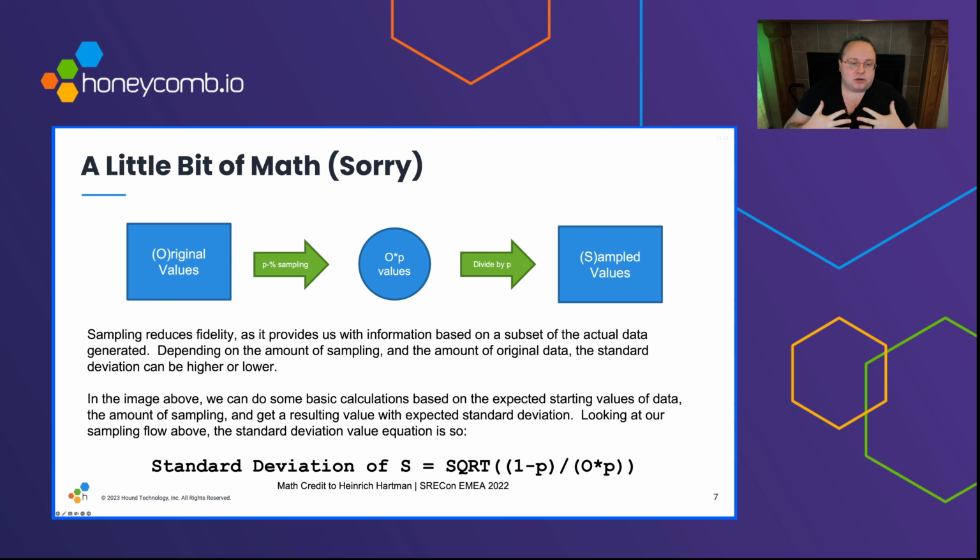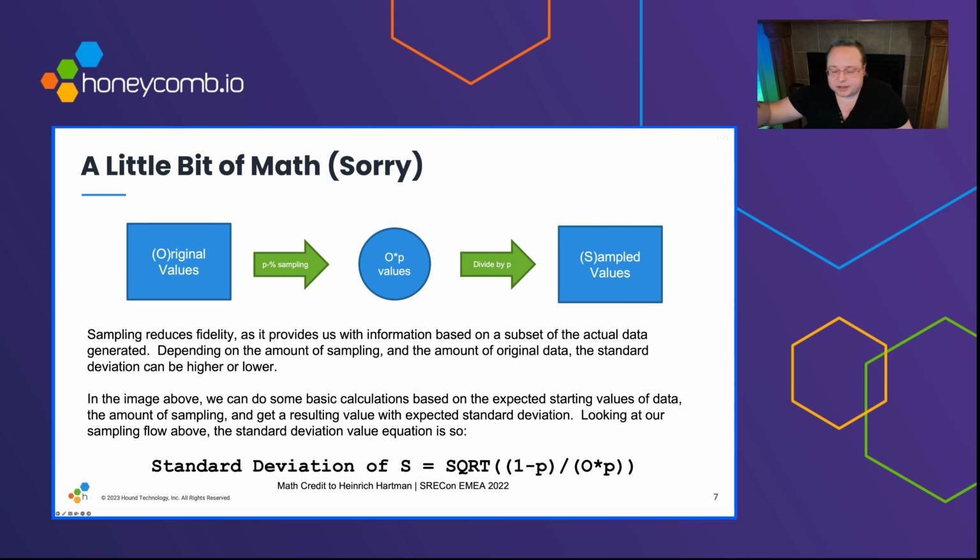Basically, what we're doing here is we have our original data, our original traces or values, but we're reducing the fidelity, we're reducing the accuracy by sampling. So we're only getting a percentage of the original values.